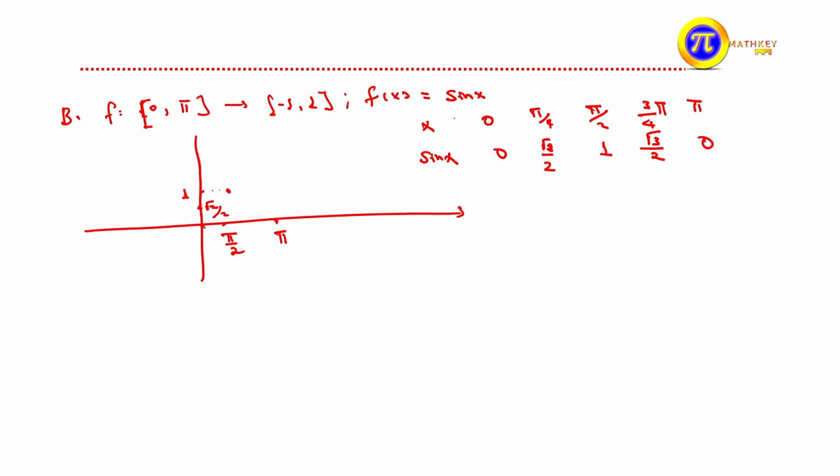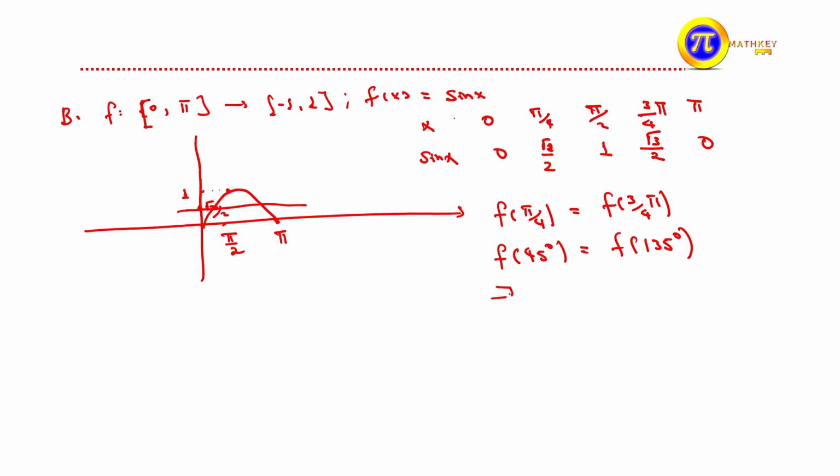At pi it is 0, so it returns this, and the graph looks like this. ግራፋችን ይሄ ይመስላል። ስለዚህ ሁለቱንም ማያሟላ ምን ማለት ነው? መጀመሪያ it is not 1 to 1. ለምን 1 to 1 አይሆንም? እዚህ ጋር ክሮስ ስናደርግ if we consider f of pi over 4 is equal to f of 3 over 4 pi, ያ ማለት በዲግሪ ከፈለጋችሁ f of 45 degree is equal to f of 135 degree ጋር እኩል ቫልዩ አላቸው። But 45 degree is not equal to 135 degree. ስለዚህ አንድ horizontal line crosses at different places, it shows that it is not 1 to 1.